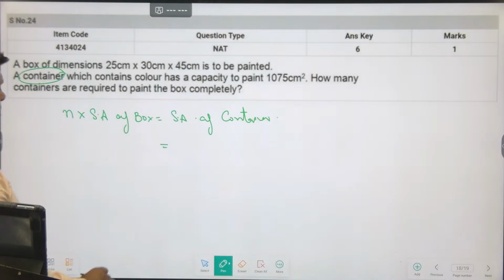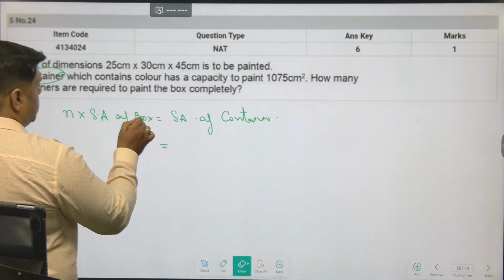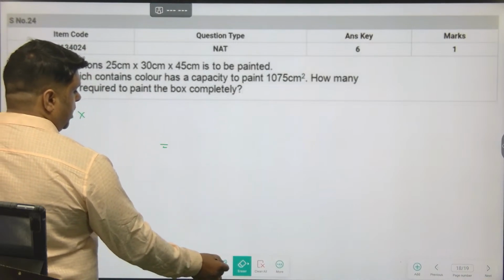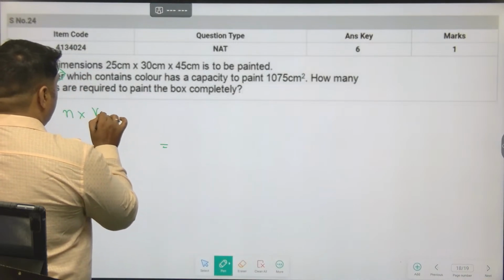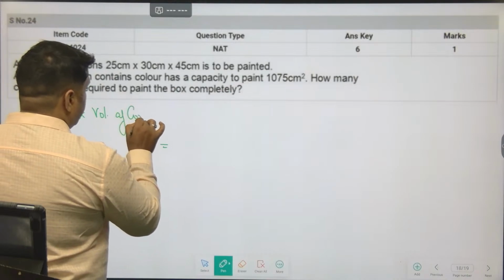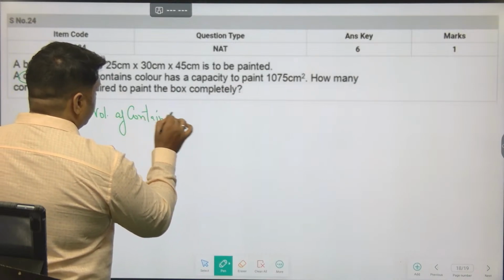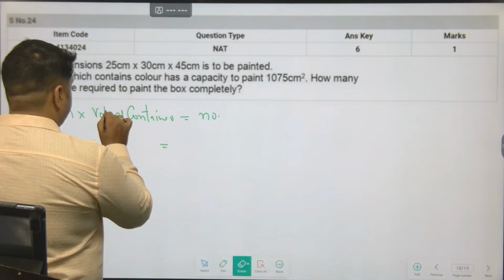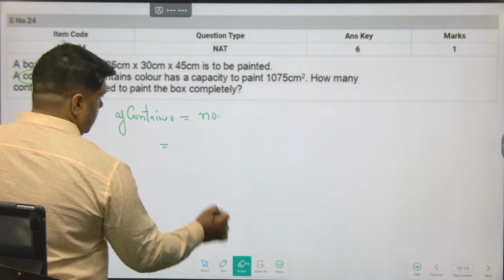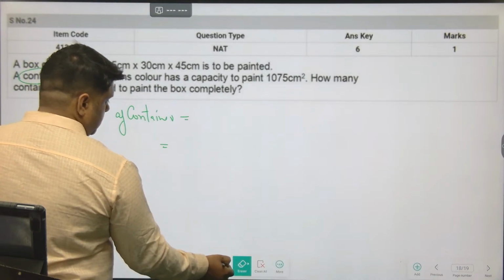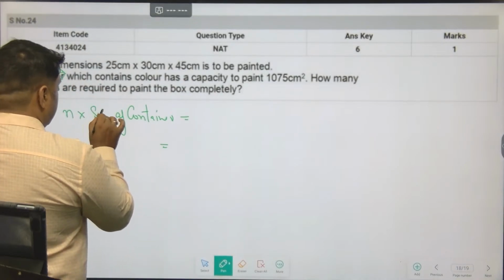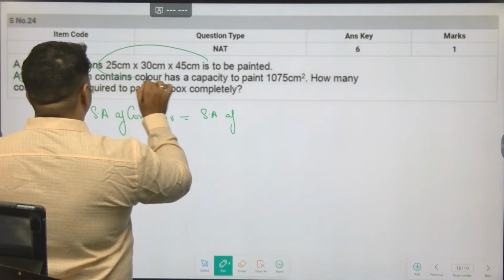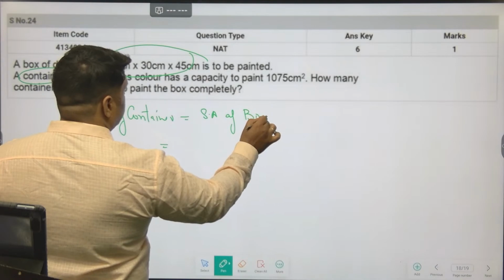How many containers? Oh, I am writing it in reverse order. They are asking how many containers we are going to use. Number into surface area of container is equal to surface area of the box. The box is cuboidal shape.